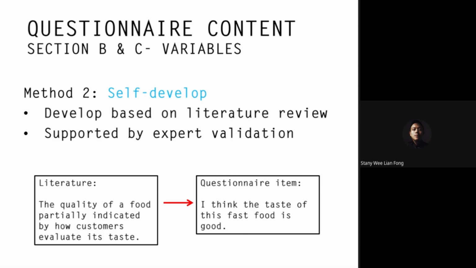So based on this point, you may develop the questionnaire item into a sentence like, I think the taste of this fast food is good. But of course, these self-developed questions must be supported by expert validation. So please seek your lecturer's support or some experts in the research topic to validate this set of questions.